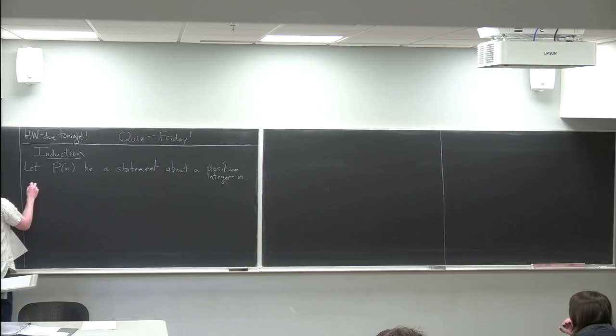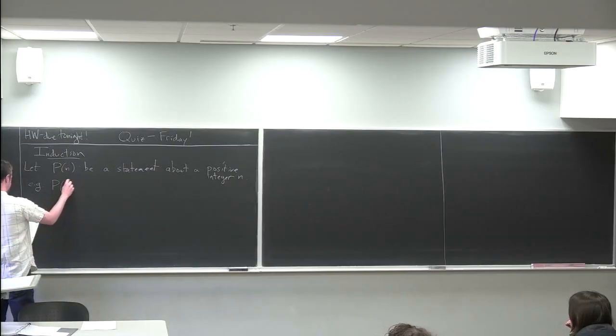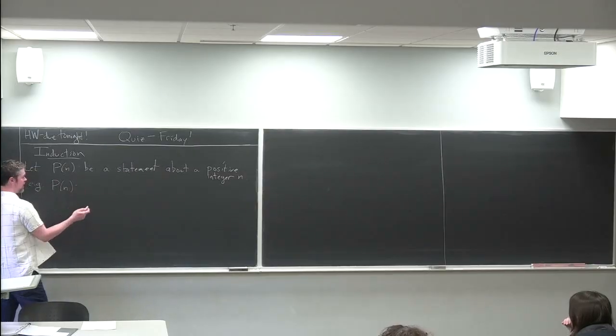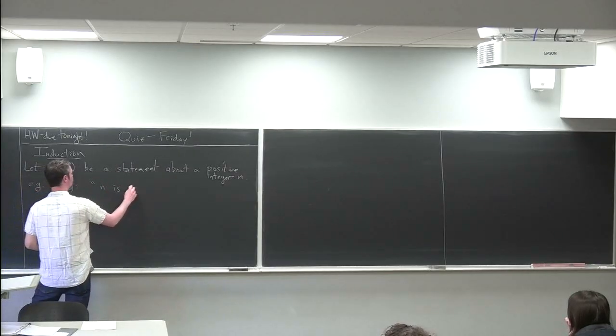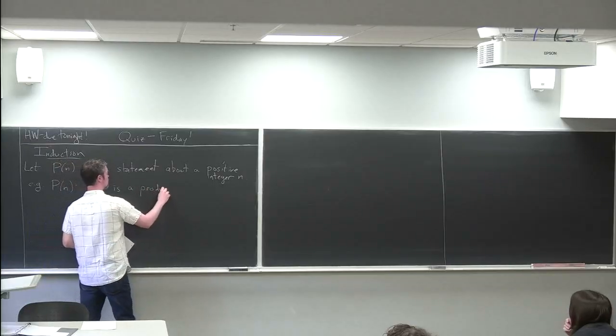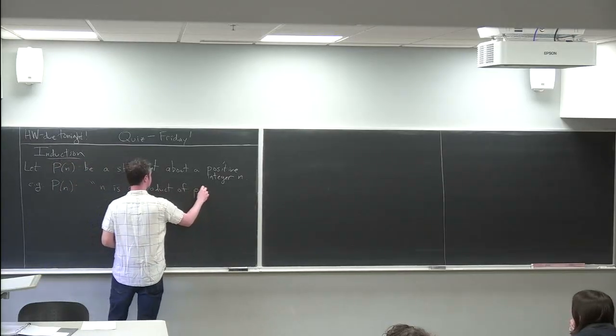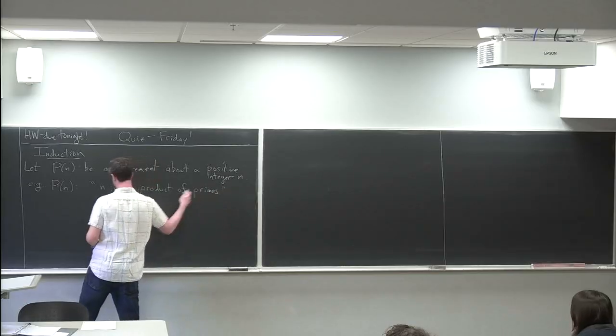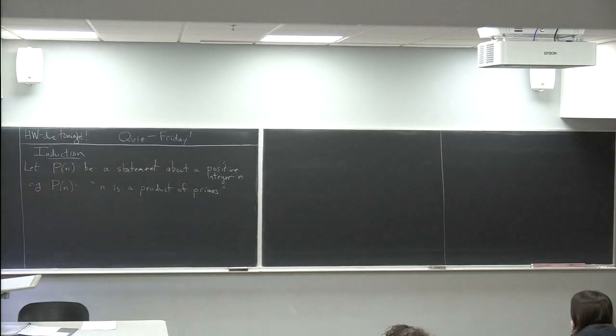It has a placeholder for a positive integer in it. Here are some examples of the kinds of things that might show up. Here's a statement: n is a product of primes. That's a statement which in fact is true, at least as long as n is at least 2.